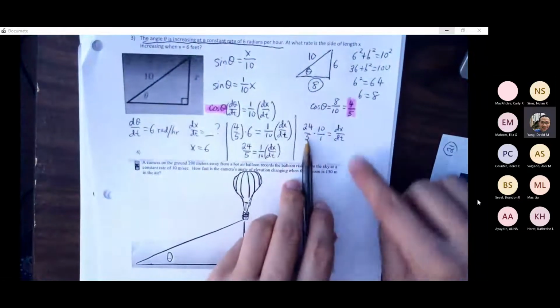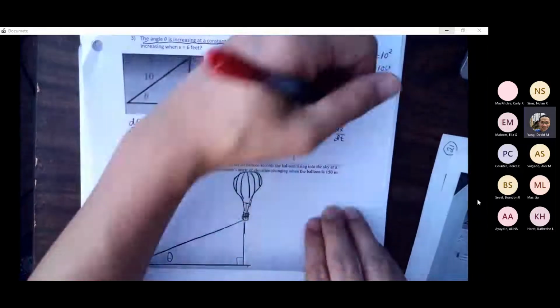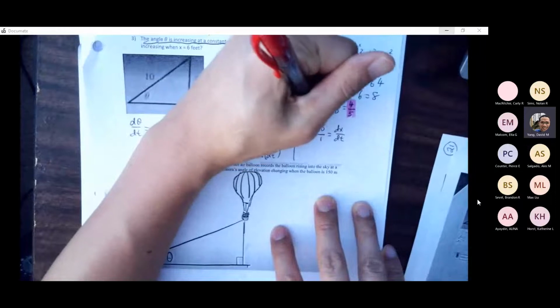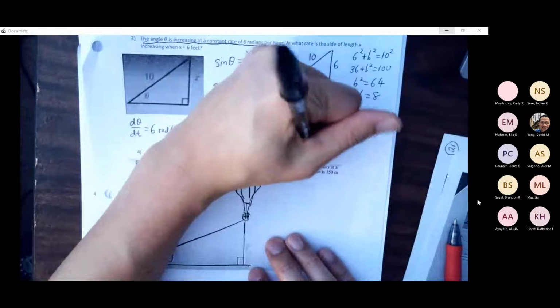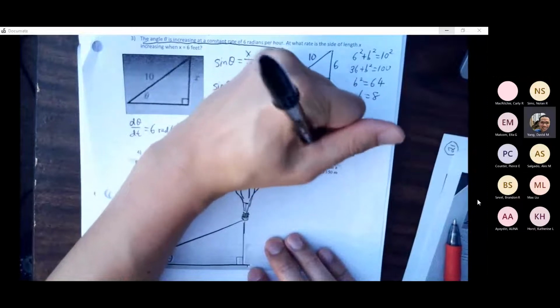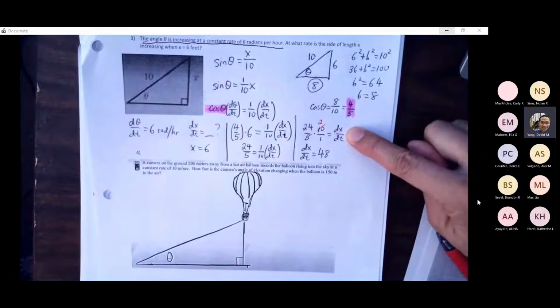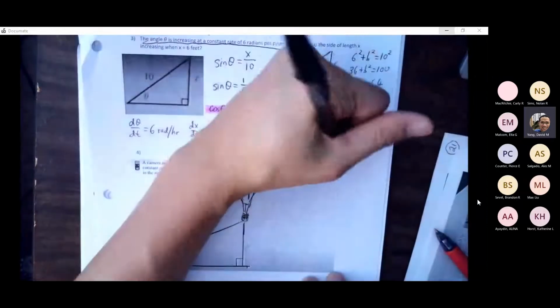Multiply this out, or I can just reduce the 10 and 5, make it 2. Makes it a little bit easier. Rather than doing 240 divided by 5, I can just do 10 divided by 5 is 2. And 24 times 2 is 48. So dx dt is just 48. Our units of measure, x is in terms of feet, and t is in terms of hour, so feet per hour.